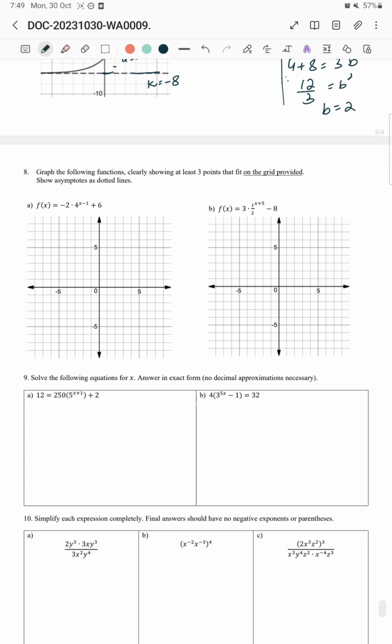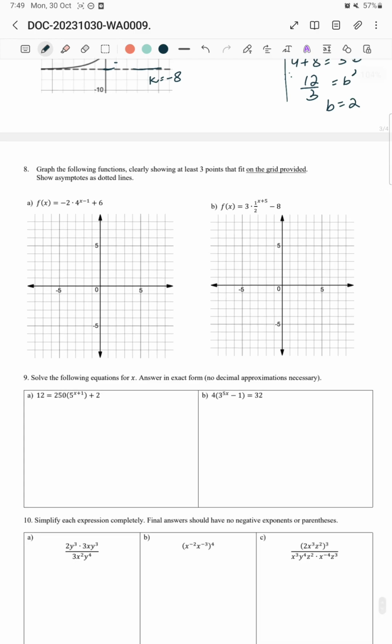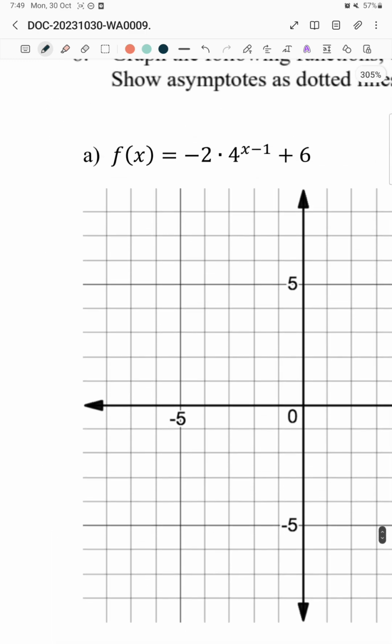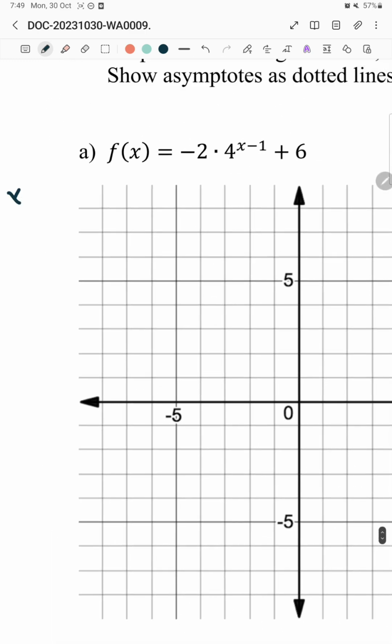Graph the following functions, clearly showing at least 3 points that can fit on the graph. So f of x is equal to -2 times 4 to the power x plus 6. So we are going to first find x and y. X is 0.